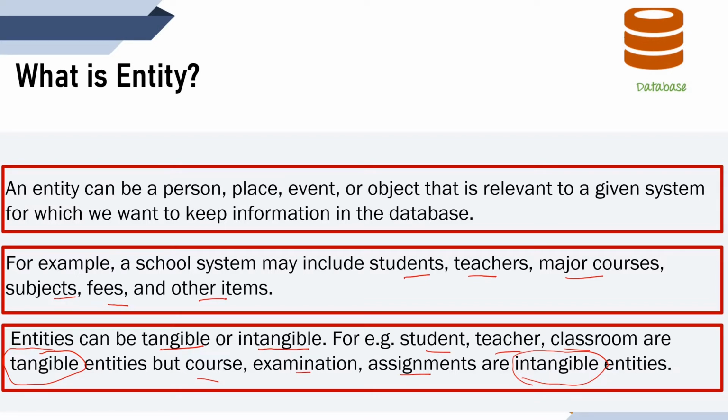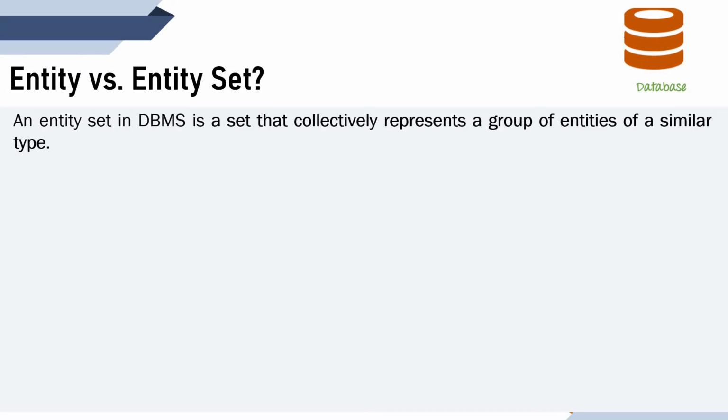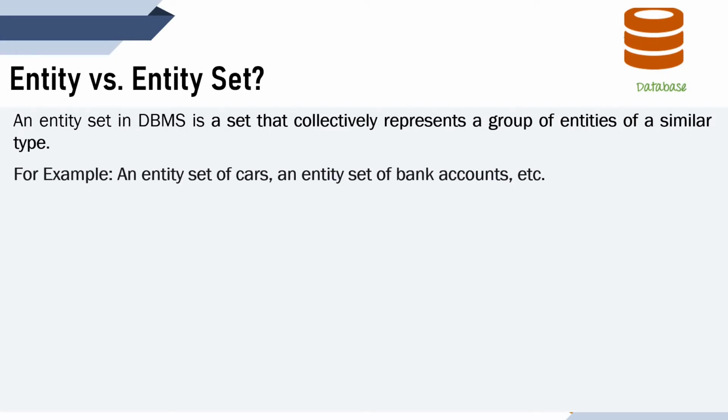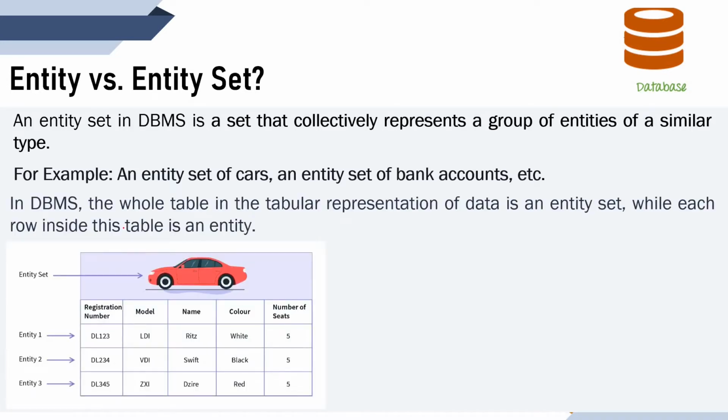Now, what is then entity set? Because you will often come across this term entity set. It is a set that collectively represents a group of entities of similar type. Let's take an example. Suppose I have taken entity set of cars. You can see this entity set of car. The set is the car.